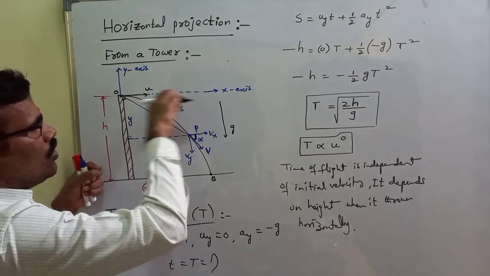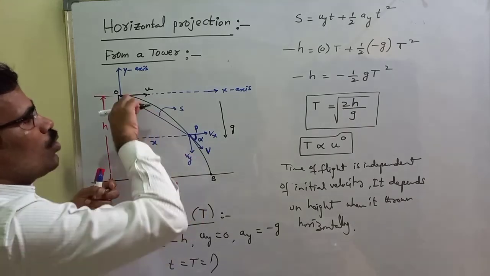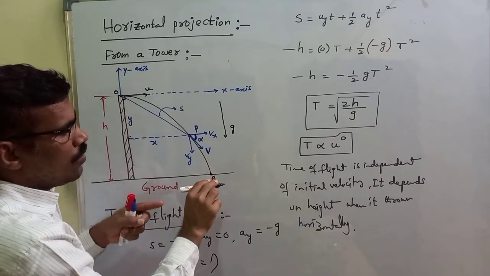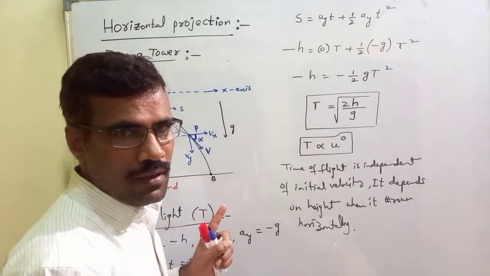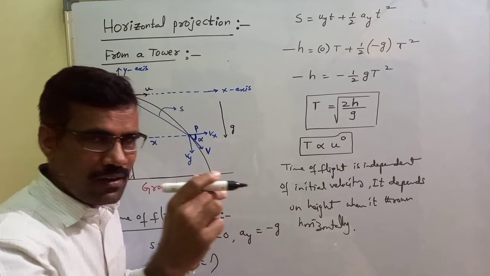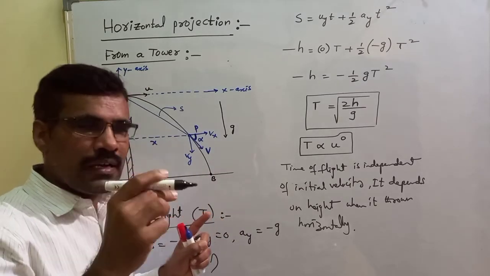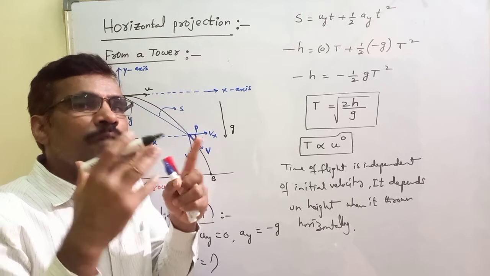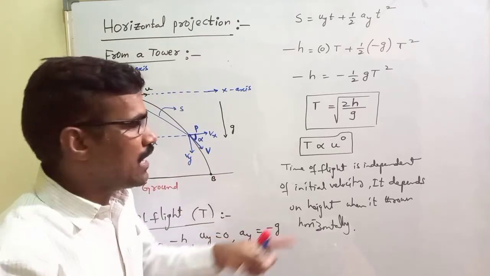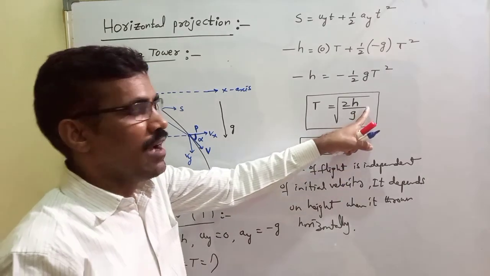If one ball is thrown with velocity 10 meter per second and another from the same height of the tower with 20 meter per second, both reach the ground simultaneously, because time of flight depends on height only.